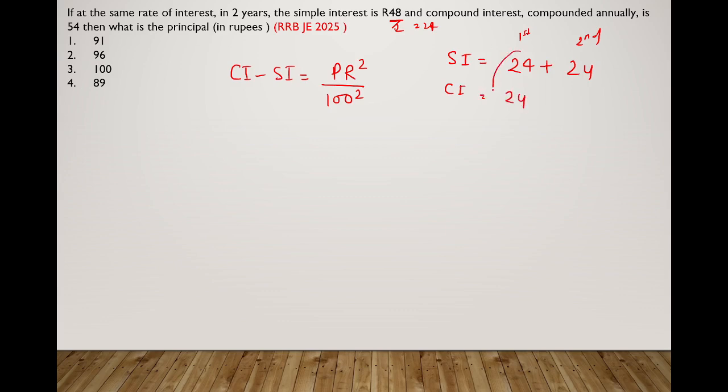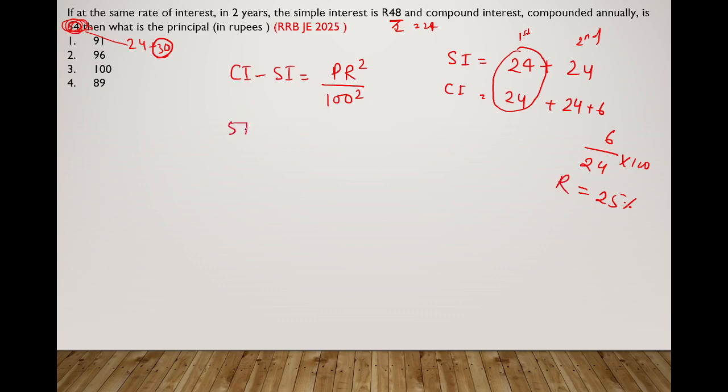In the first year compound interest and simple interest are the same, but in the second year what additional do I get? 6, because 54 is 24 plus 24 plus 6, so we get 6 more than 24, 6 by 24 into 100, so it is 25. So our rate of interest is 25.